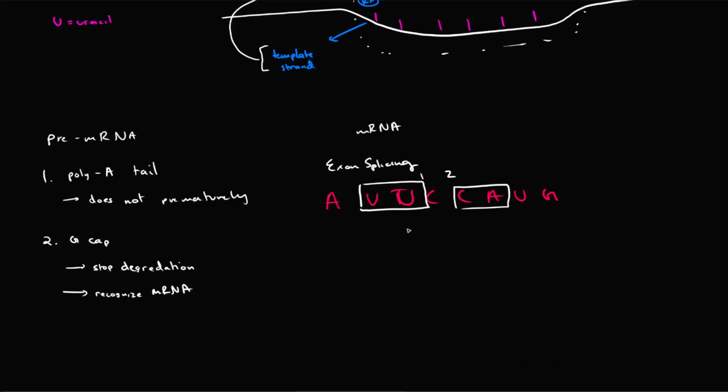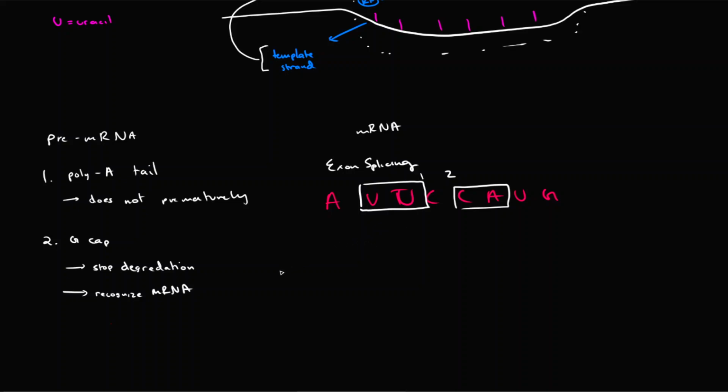Of course, pre-mRNAs can be spliced in multiple areas, and exon splicing is the scientific community's main theory for how humans, given even a limited amount of DNA, can have such genetic variation and such protein variation, and is a reason why many scientists believe that even though other animals have much more DNA than humans, they don't have as diverse of protein function or even cell function as humans do.